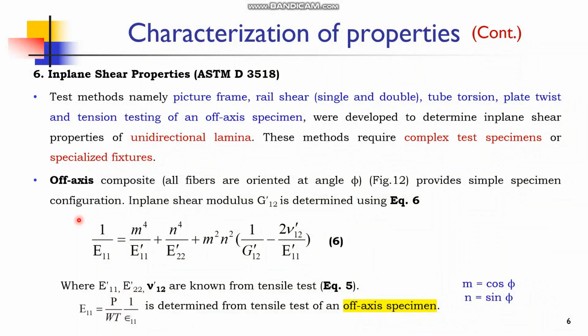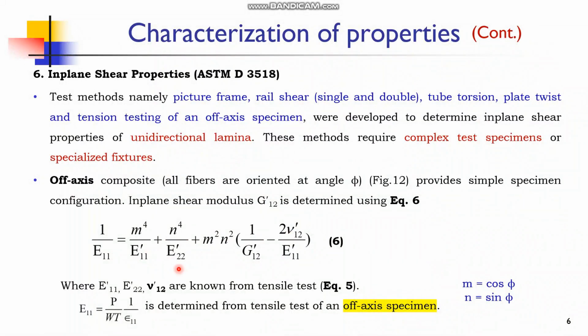Equation 6 shows the relation between various elastic properties and constants. In this equation, to find G12, we need to know longitudinal modulus, transverse modulus, and Poisson's ratio, as well as we need to know about M and D.